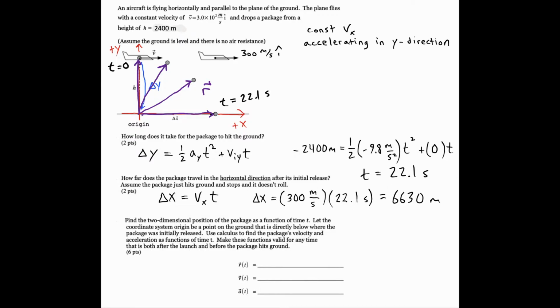Now, when it comes to acceleration in free fall, it always points one way, as long as there's no air resistance and all that. Acceleration vectors always point down, because that's the way Earth pulls. And it always pulls with the same strength. Doesn't matter whether your particle is high up in the air or low down to the ground.